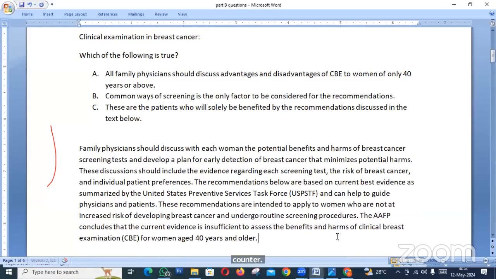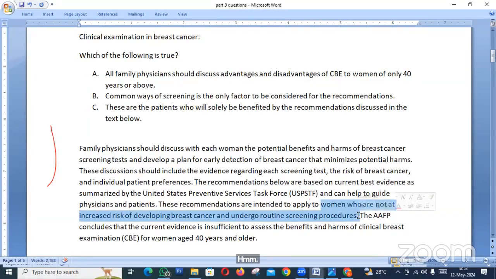What I'm changing is this sentence: these recommendations are intended to apply to those women who are not at increased risk of developing cancer and undergo routine screening procedures.